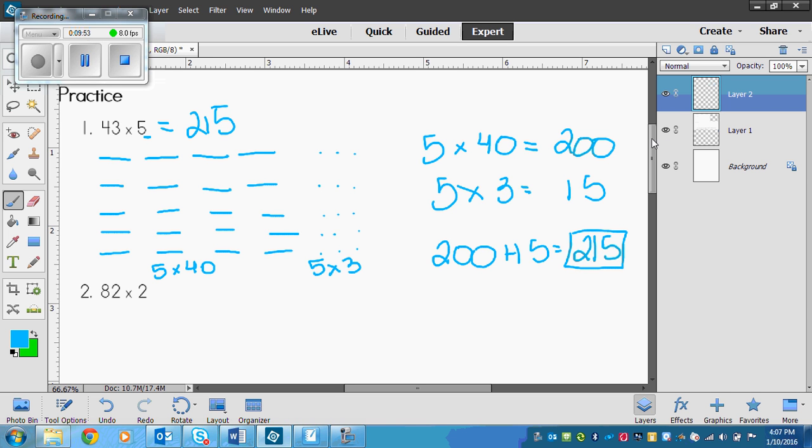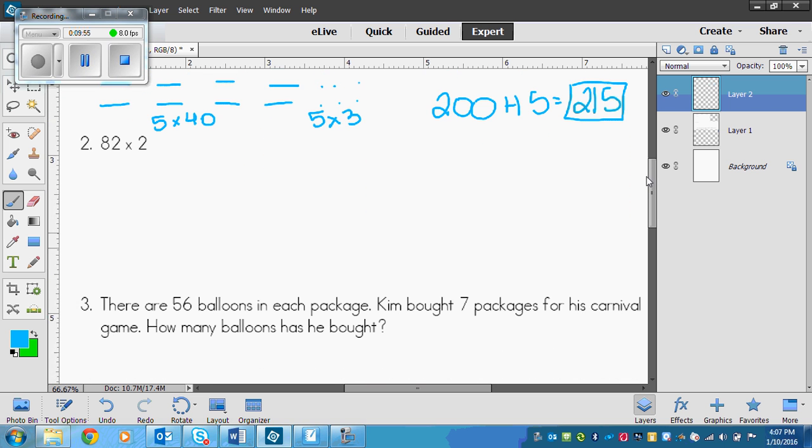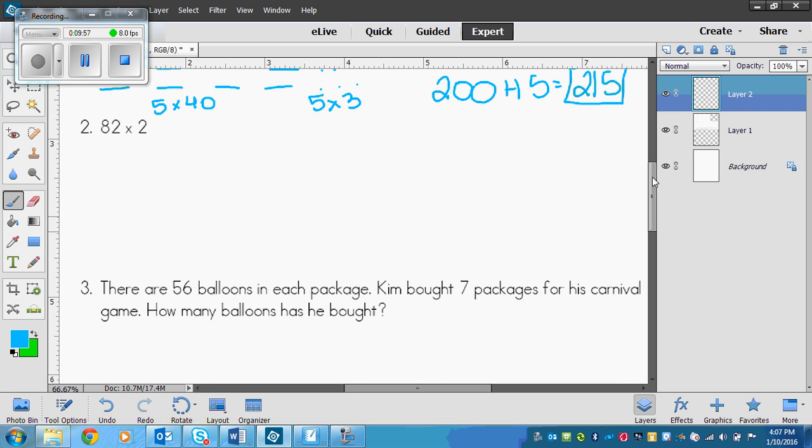Okay, moving on to the next one. Our strategy, secondly, was the expanded form. So I have to put 82 into expanded form first, so that's 80 plus 2. So in my first bracket, I will have 2 times 80, and I will add that to 2 times 2.